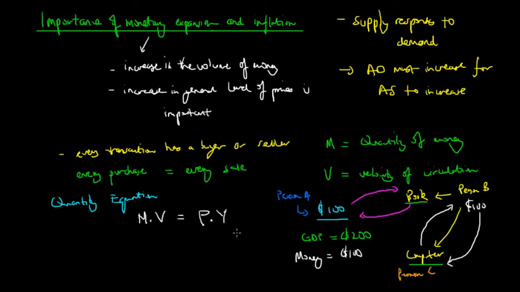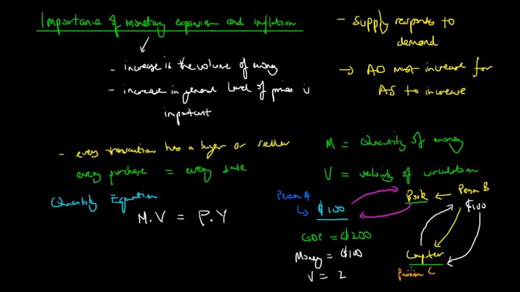And so therefore the velocity of circulation is the number of times money is used or turned over against the purchase of output. And since the purchase of output is $200, the velocity of money, or V, is in fact 2. So 200 divided by 100, which is 2. So as we can see, GDP growth can occur even with money at a constant of $100.